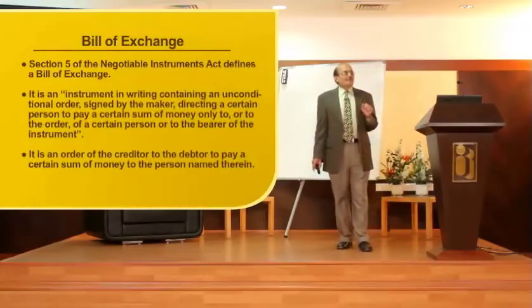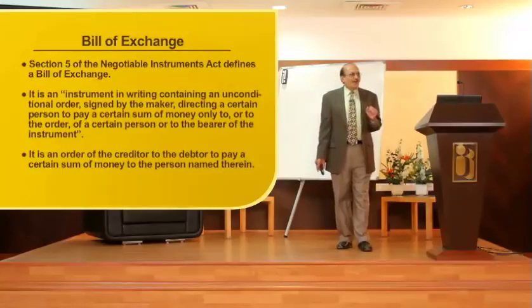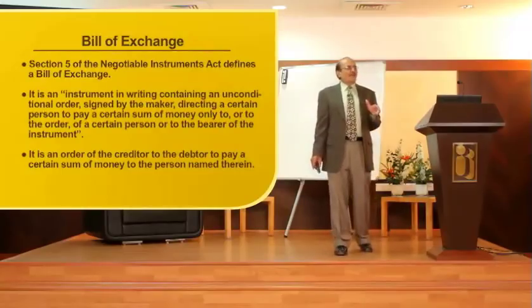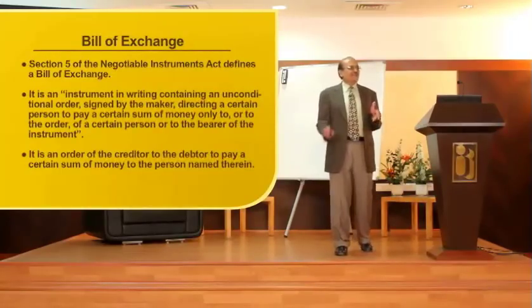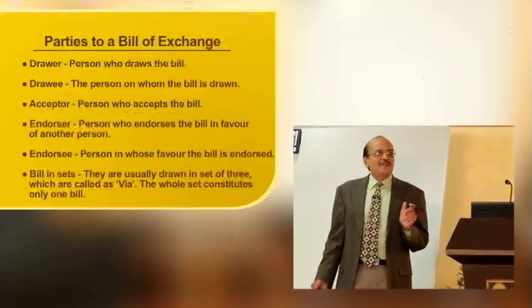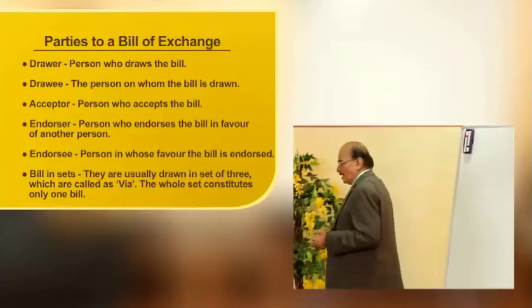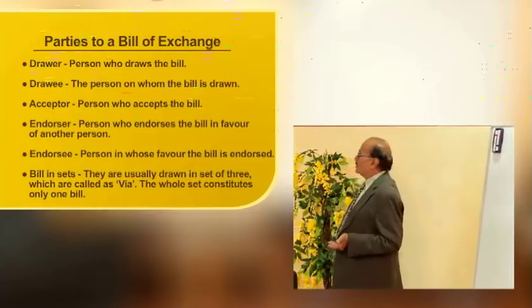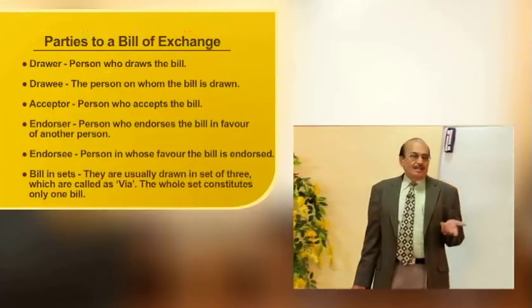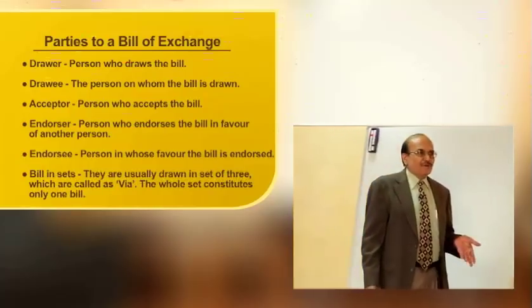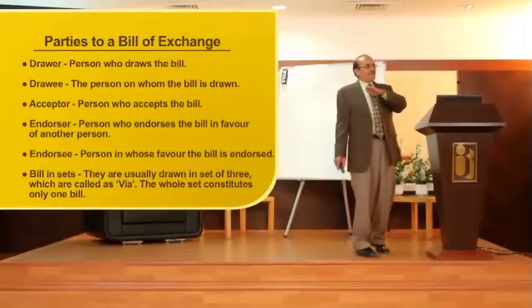Basically, it is an order of the creditor to the debtor to pay a certain sum of money to the person named therein. Now, there are parties to the bill of exchange. Who are they? One is the drawer, the person who draws the bill. The second one is the drawee, the person on whom the bill is drawn.